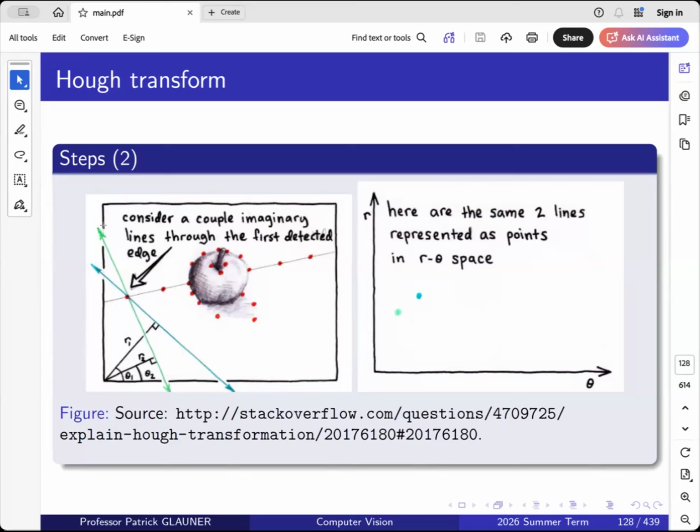And for each of these lines I have put in, I can determine the distance to the center, which is here, this R1 or R2. So I assume I have a right angle. And what's the distance from the center? I have R1 for the blue line, R2 for the green line, plus I have these corresponding angles.